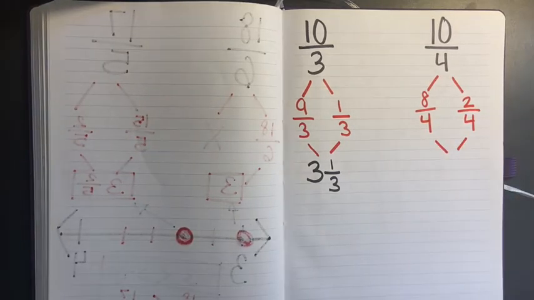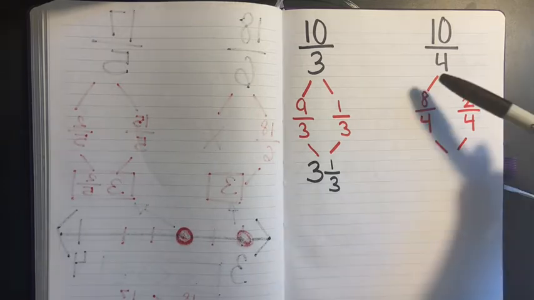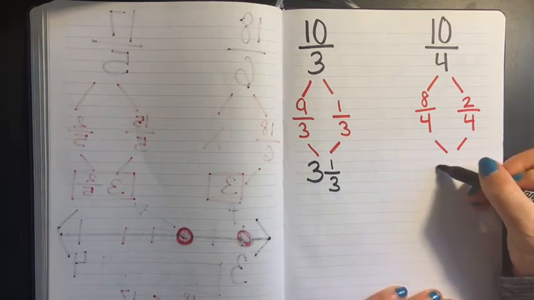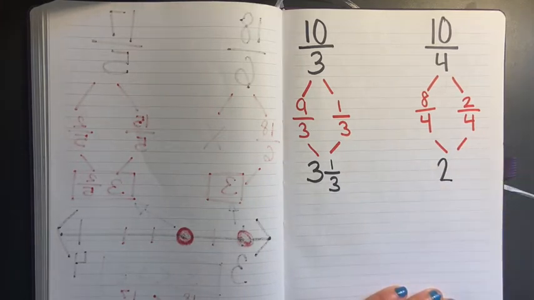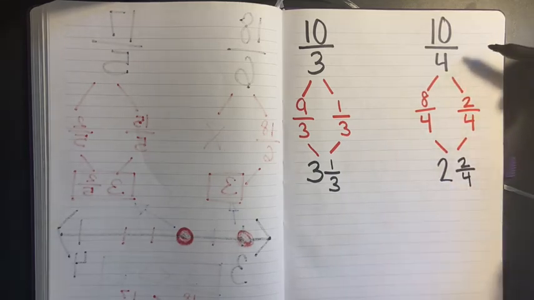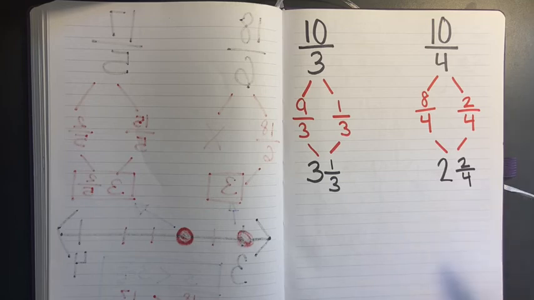Now I'm able to convert 8/4 to a whole number. 8 divided by 4 gives us the whole number of 2. Great. And we have the leftover of 2/4, meaning that 10/4 is equal to the mixed number 2 and 2/4.